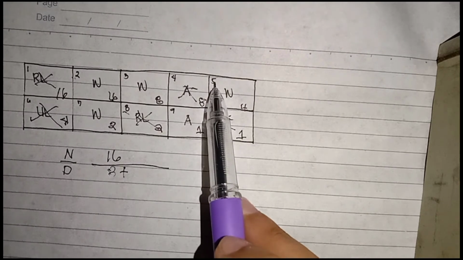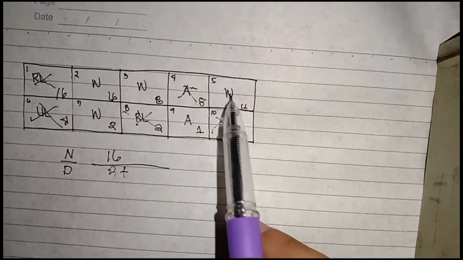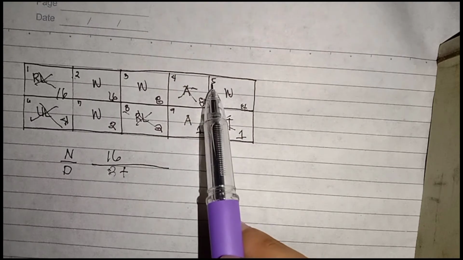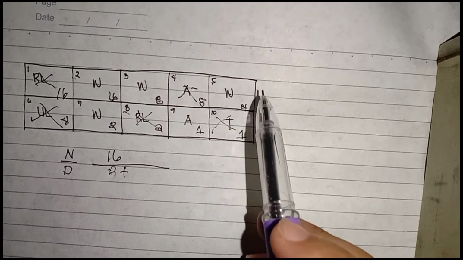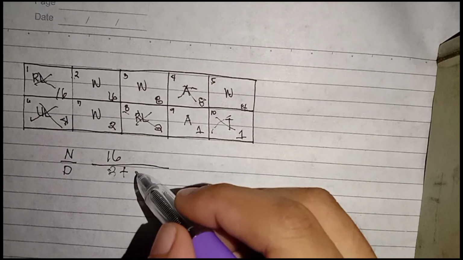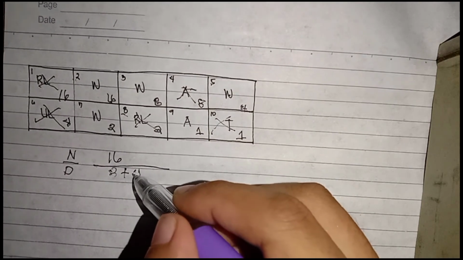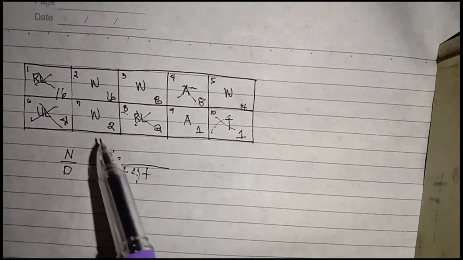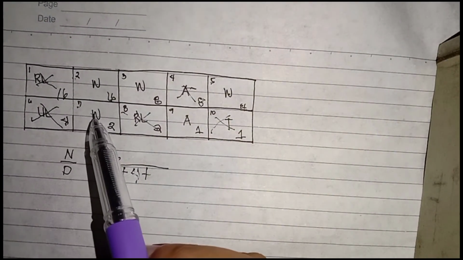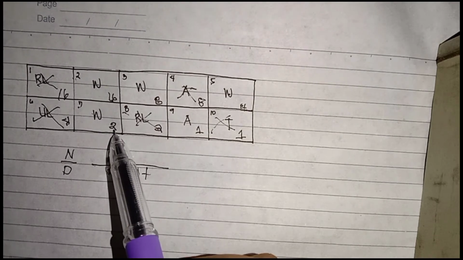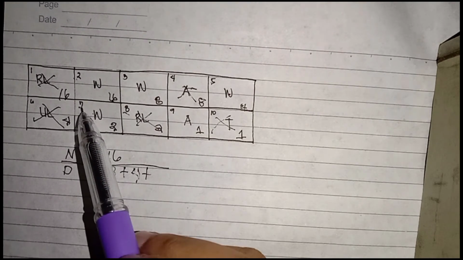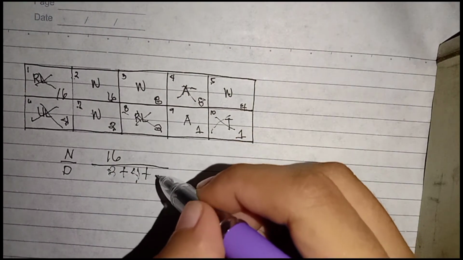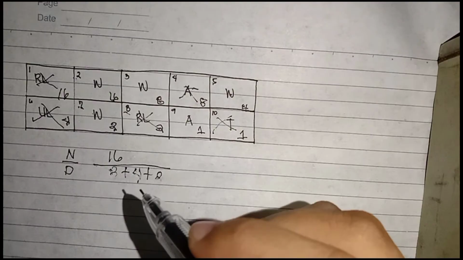Finger 5 is a whorl type and has a numerical value of 4. 5 is an odd number, so we will put it in the denominator. Finger 7 is a whorl type and has a numerical value of 2, and 7 is an odd number, so we will put it in the denominator.